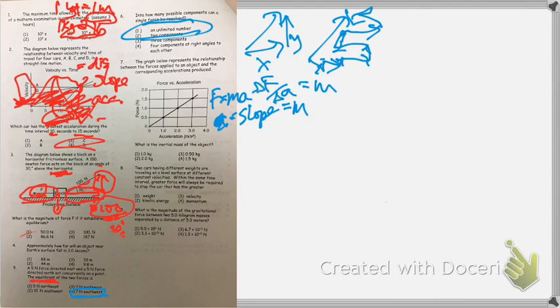So the mass would just be the slope. Pick your favorite point. This one right here and 0 seem good to me. So 1 is my delta F and 2 is my delta A. So it would be 1/2. Or you could just pick a point and plug it into the F equals ma equation. Because it's linear, any point's going to work.